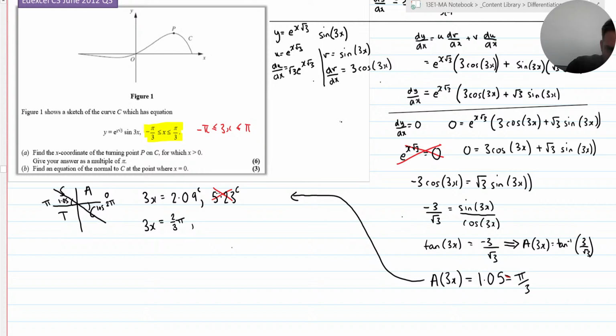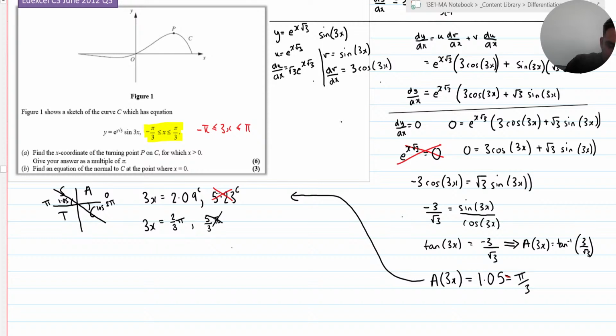This one here would have been 2 pi minus that, which is equal to 5 pi over 3. But again, we can't use that one.